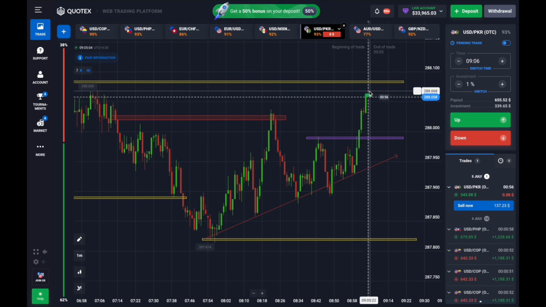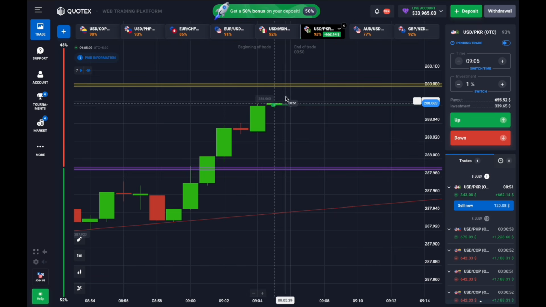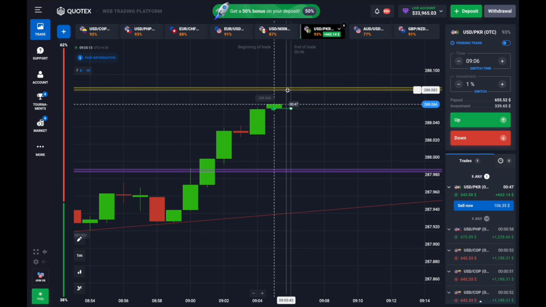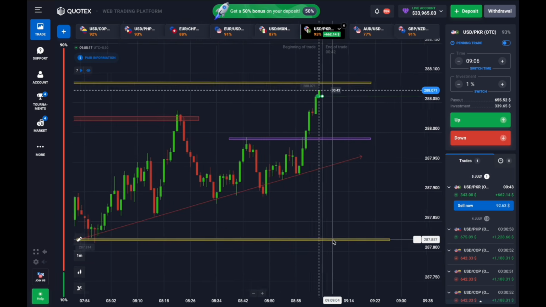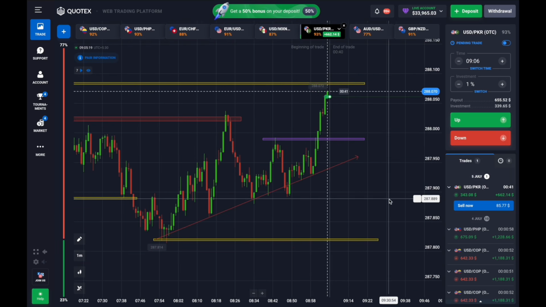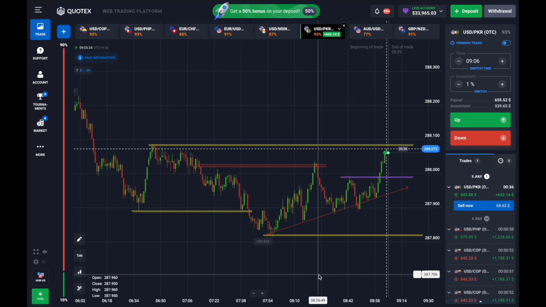Now I'm going with a call entry directly at the opening of the candle. I have got three solid reasons for that. The first reason, the last small red candle, it was very small, and the green candle gave us a continuation signal breaking above the last red candle high. Second confirmation, market minor trend was still bullish.